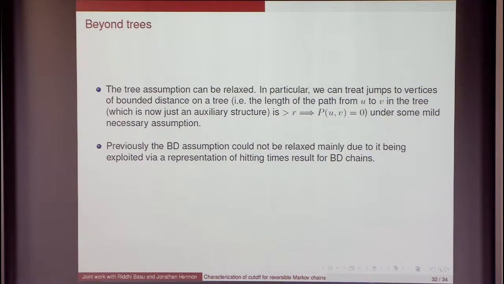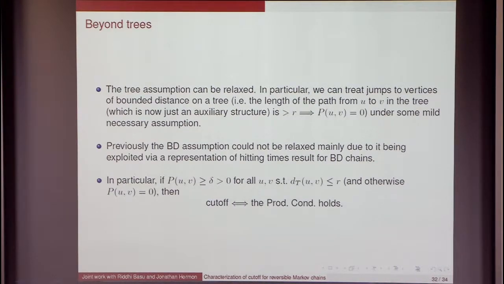This wasn't even known in the case of a one-dimensional chain. The methods before were so sensitive that they really depended on the nearest neighbor. But now we know that if your jumps are bounded by r, and there's some lower bound on the transition probabilities within this distance, then you have cutoff when you have the product condition.